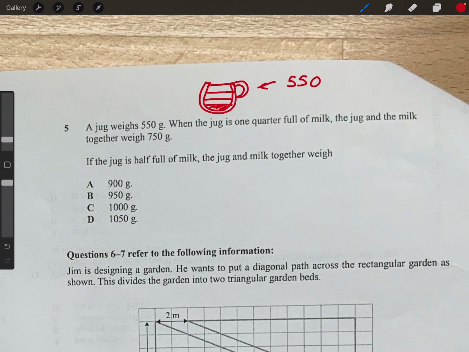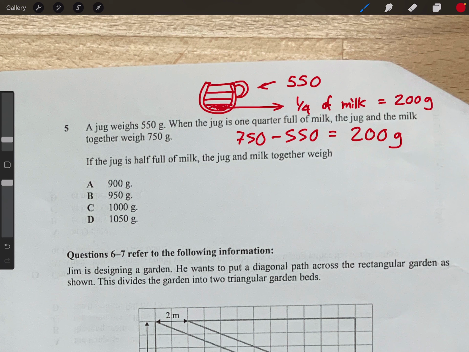So that means 750 take away 550, which is the weight of 1/4 of milk, would be 200 grams. So 1/4 of milk will weigh 200 grams in this particular jug.